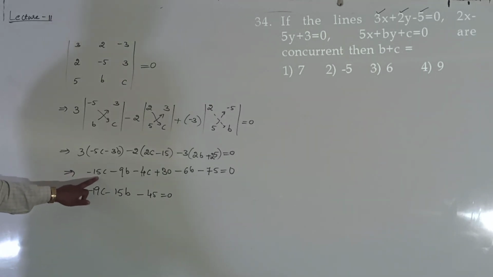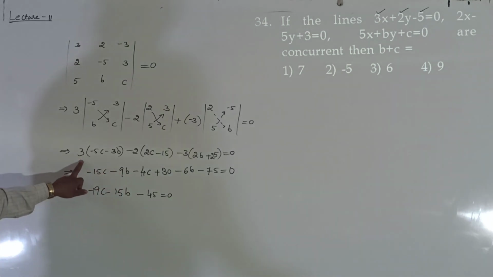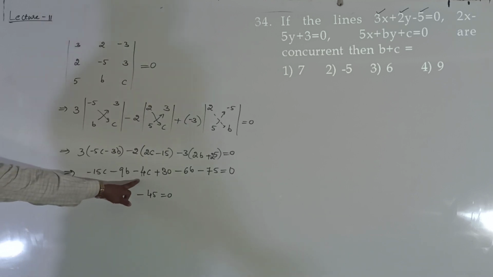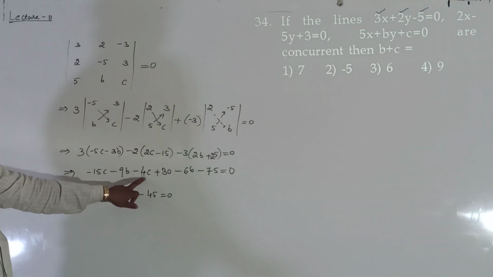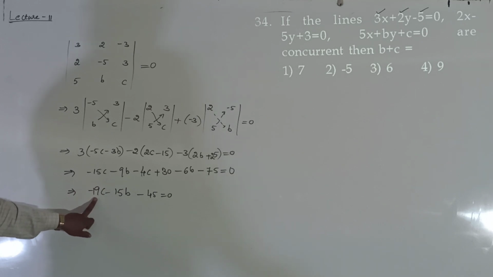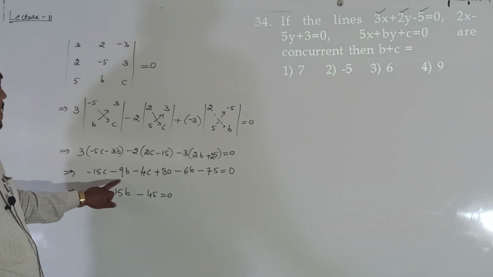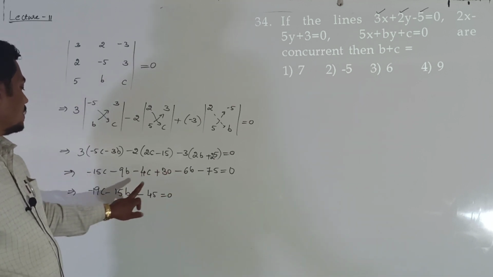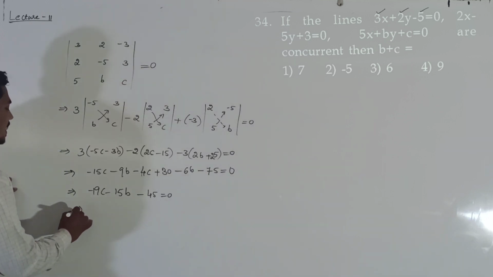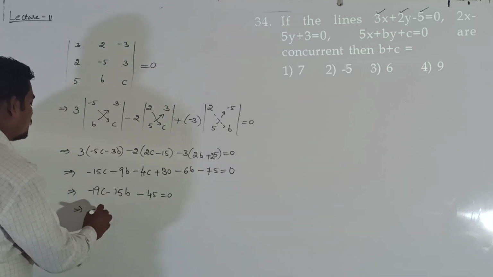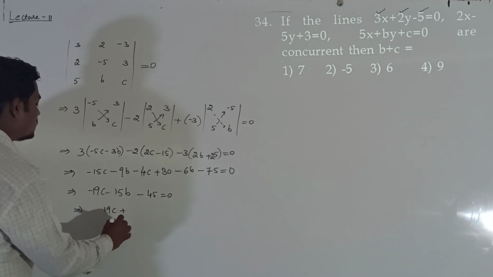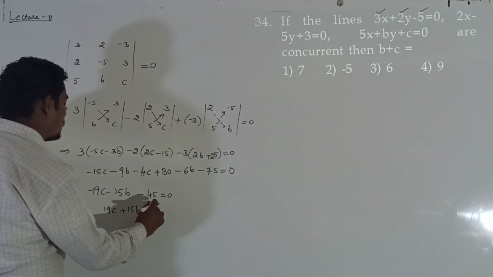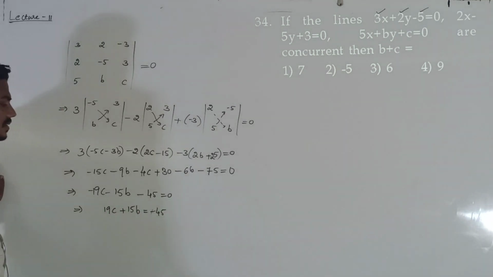Taking the negative sign common, 19c plus 15b is equal to minus 45, right?